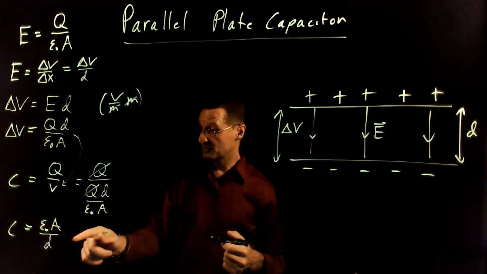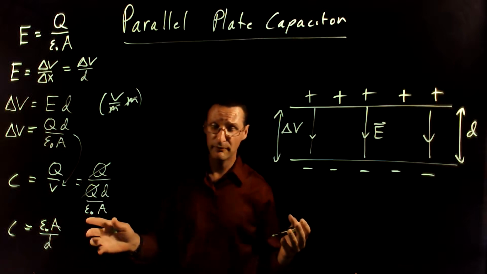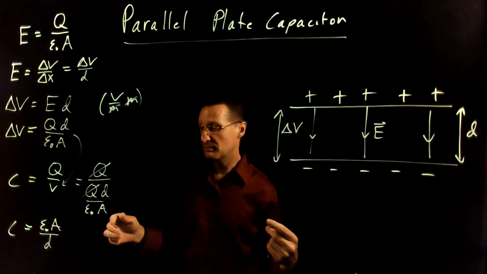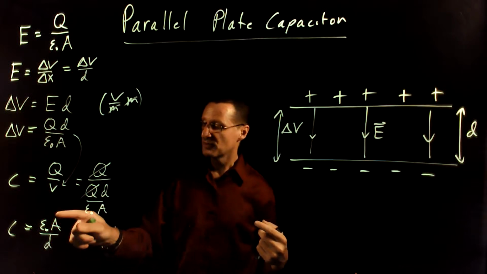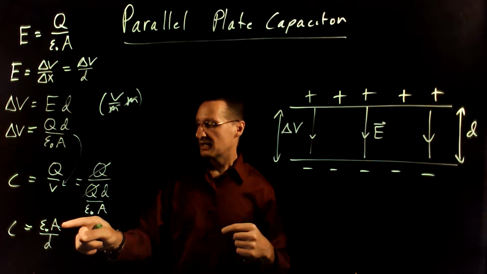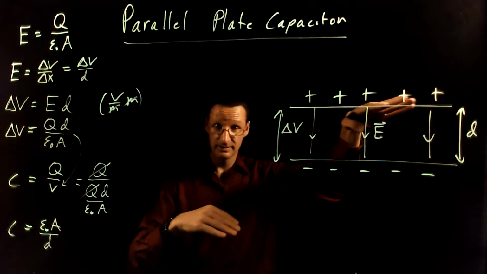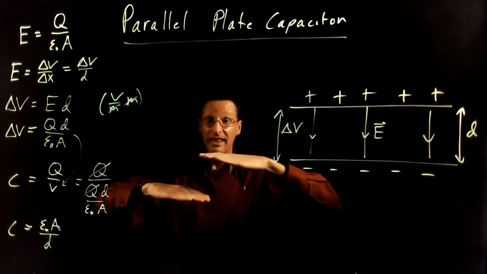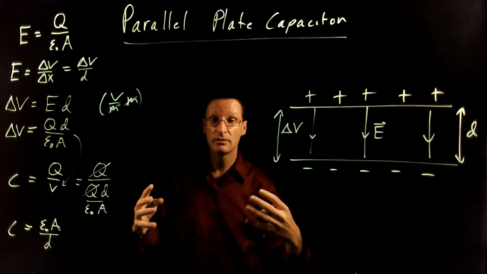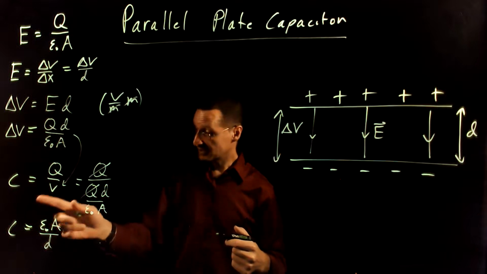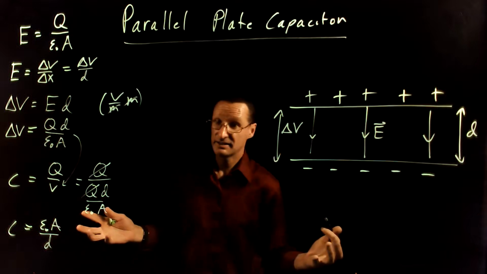It does depend on the geometry, though, and I said that before, but what the heck does that mean? Well, forget about epsilon naught for right now. Depending on the geometry means it only depends on things like the area of the plates, for example, which it does, or the spacing of the plates. That's also the geometry. And so it does depend on the geometry, and that's what I expected.